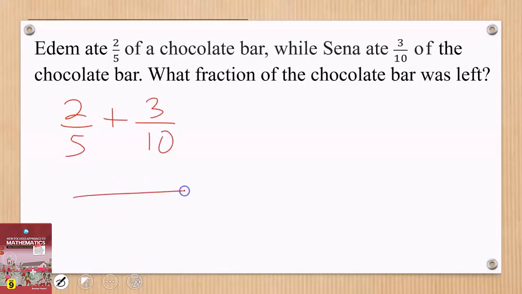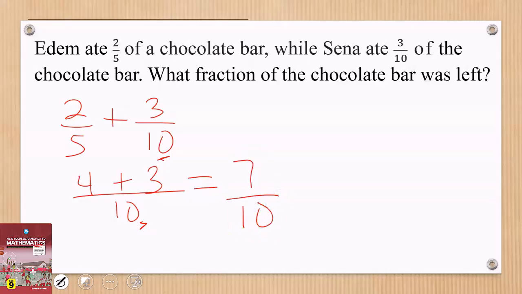Now again, we find the LCM, and that is 10. 5 divides 10 as 2, times 2 will give us 4. Then 10 divides 10 as 1, times 3 will give us 3. When we put this together, we have 7 out of 10.